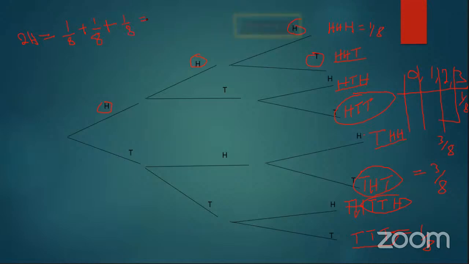When we add these ones, because of the same denominator, we shall have 3 divided by 8. So is it now okay?